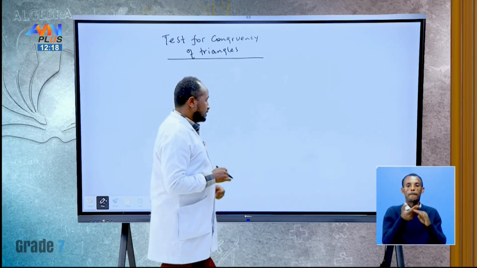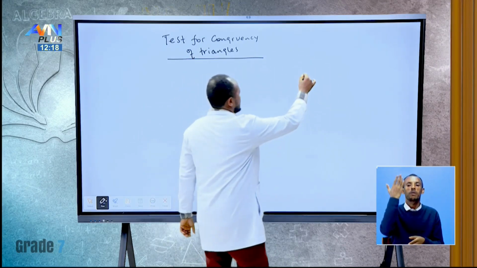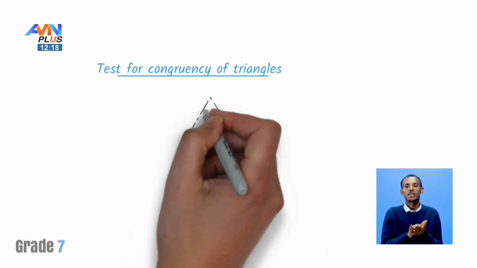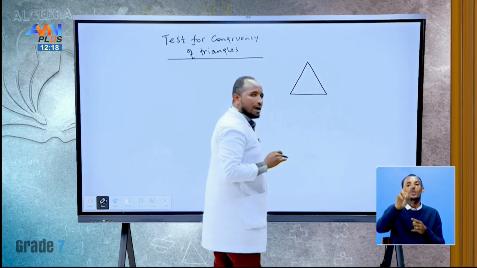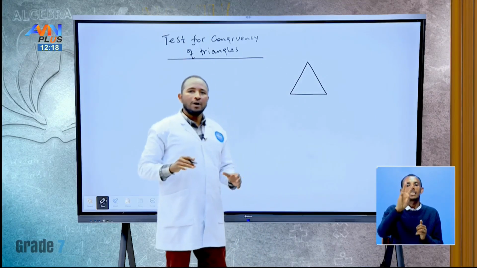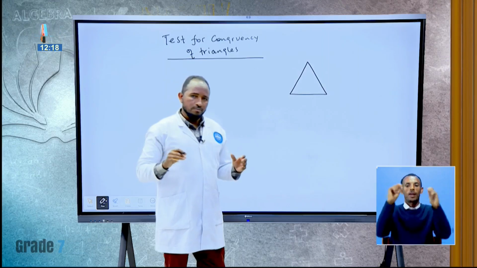Before that, in previous lesson, we have seen that in order to say two triangles are congruent, the 6 corresponding parts of the triangles must be congruent.